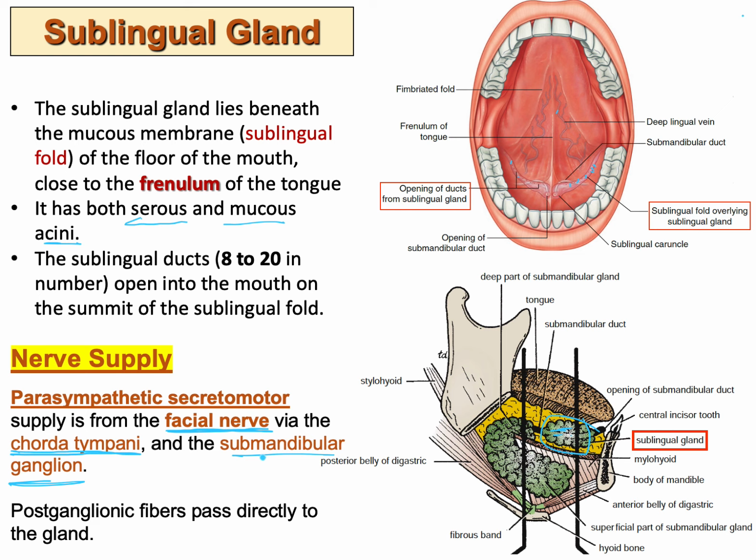Now, the postganglionic fiber from this ganglion will pass directly to the gland and stimulate it for secretion.